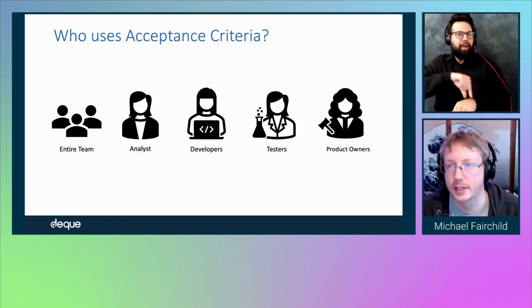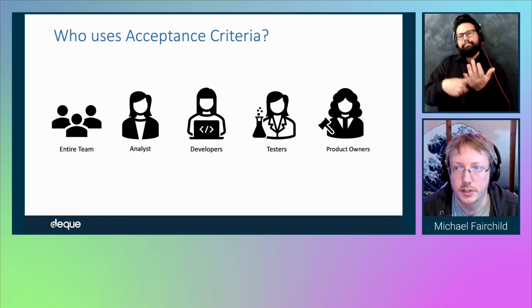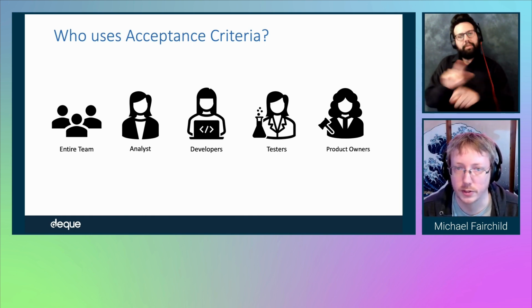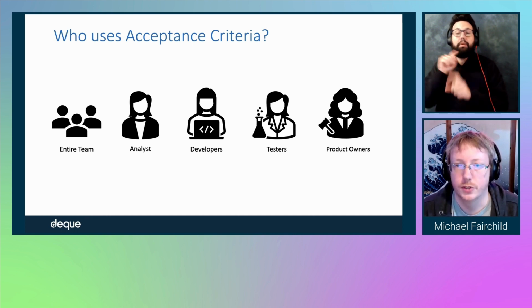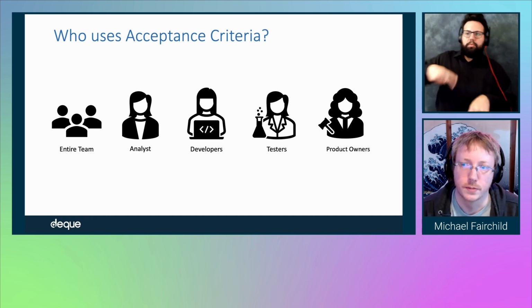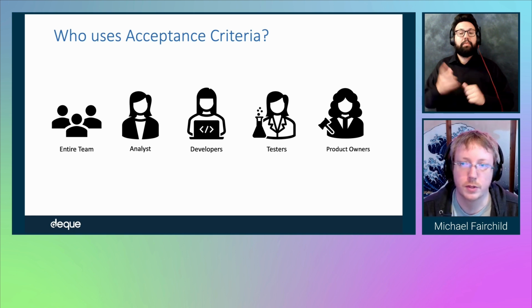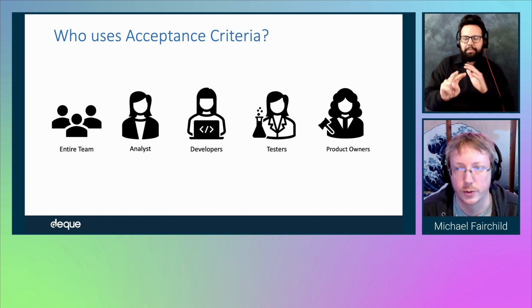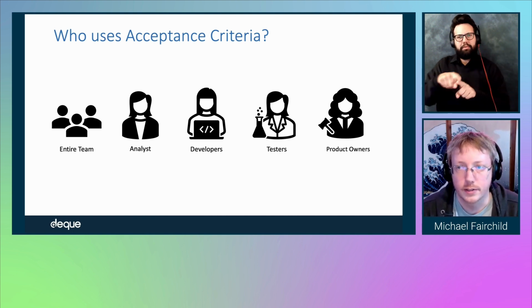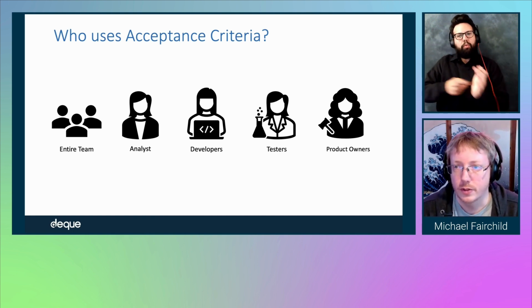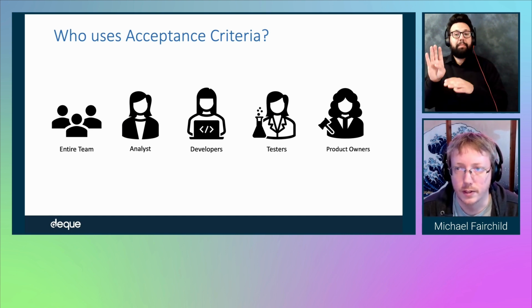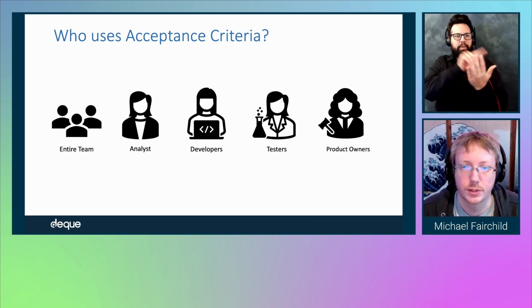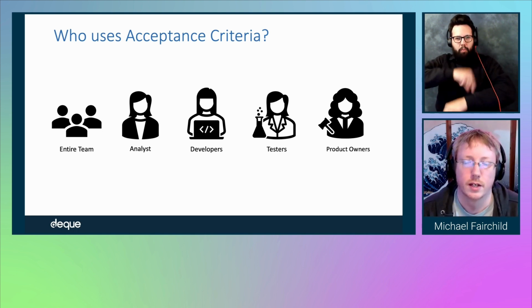So who uses these acceptance criteria? The entire team uses them, and they use them together in certain ways, and they use them separately in certain ways. Together, they use them to accurately point and estimate stories, to come to a shared agreement and a shared understanding of what the requirement really is. The analyst uses these acceptance criteria and this behavior-driven development process to really craft quality acceptance criteria, and make sure everyone's on the same page.